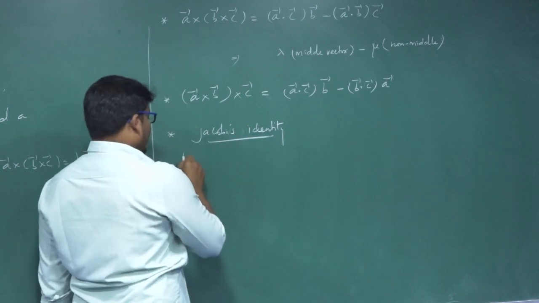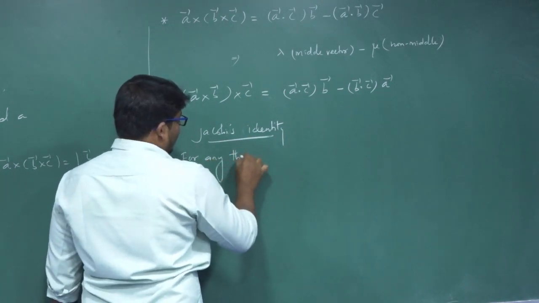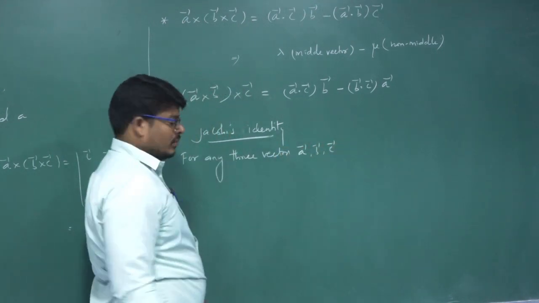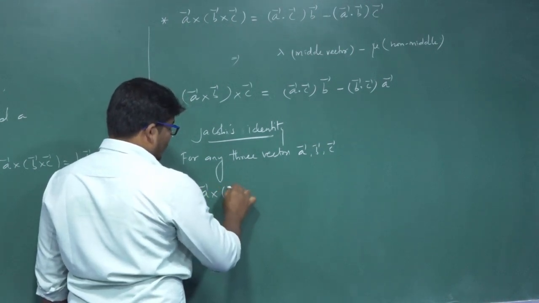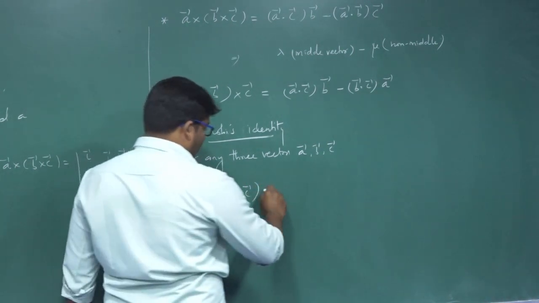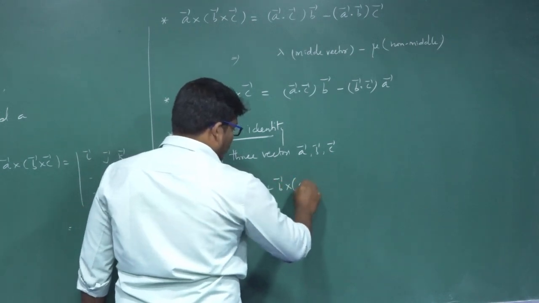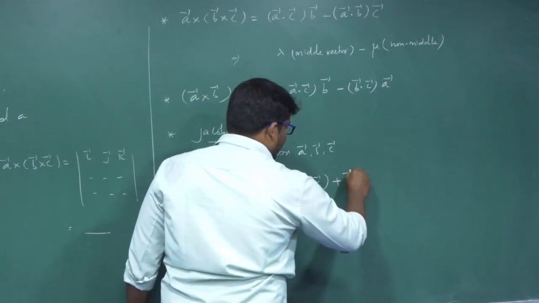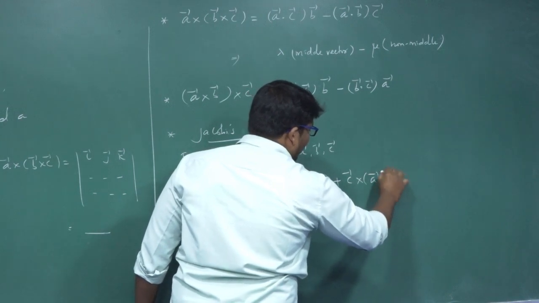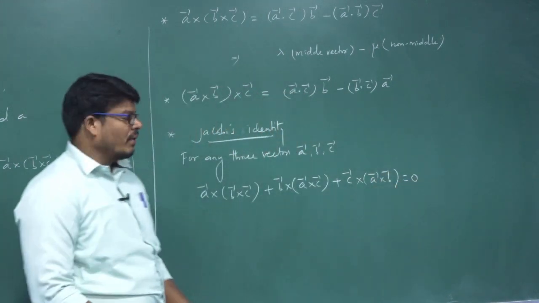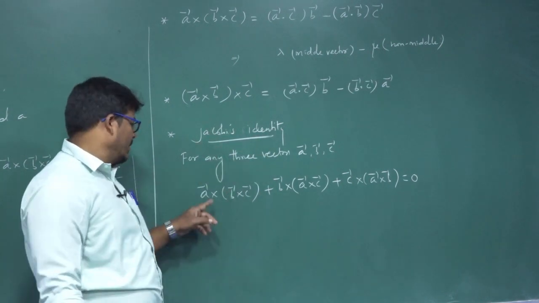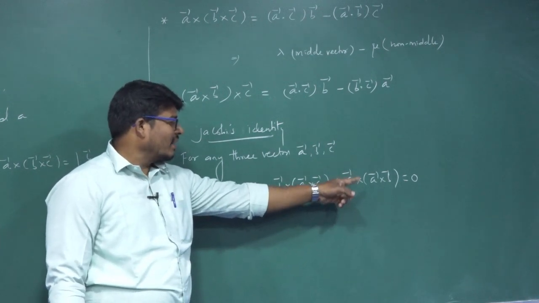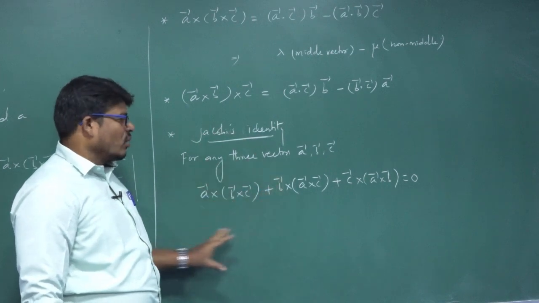Jacobi's identity is, for any three vectors A vector, B vector, C vector: A vector cross B vector cross C vector, plus B vector cross C vector cross A vector, plus C vector cross A vector cross B vector equals 0. That value equal to 0 is Jacobi's identity.